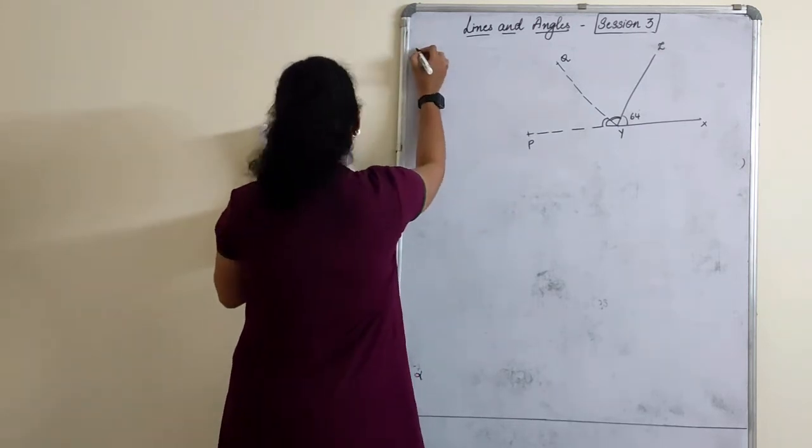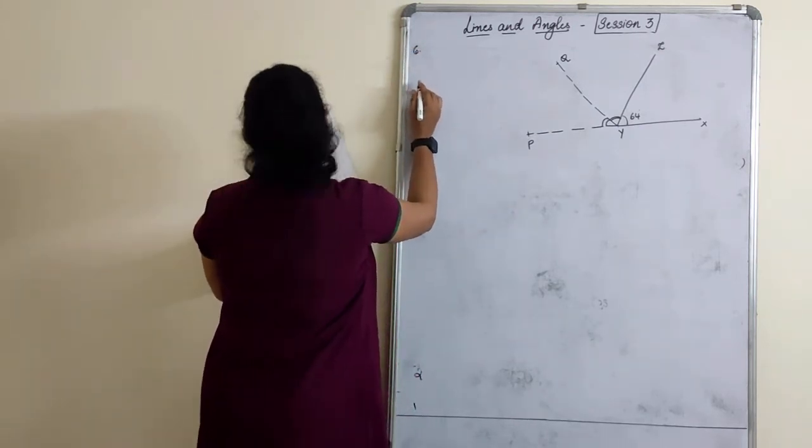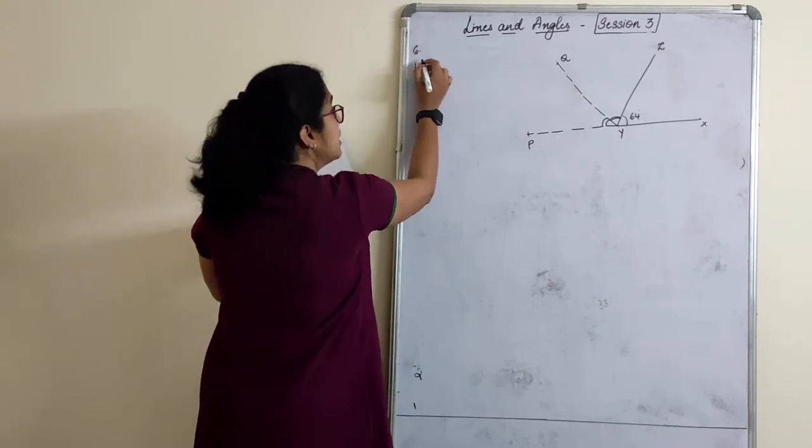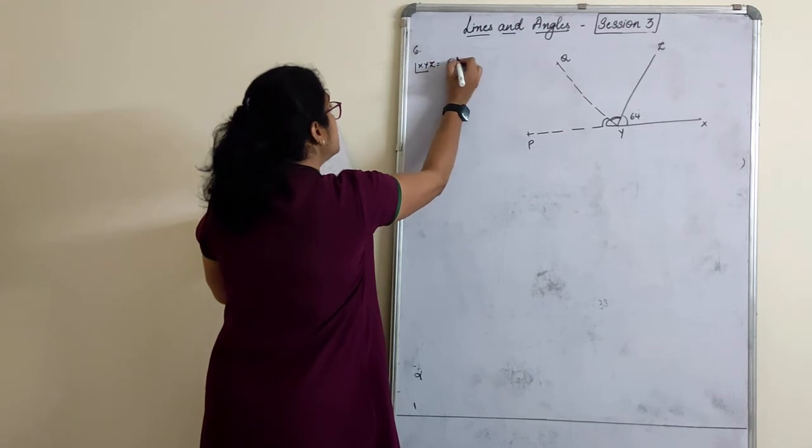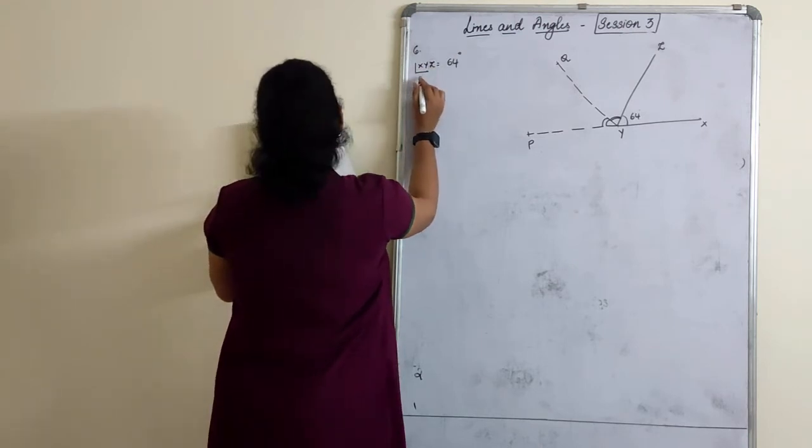So we will just write down what is given. Angle XYZ is equal to 64 degrees.